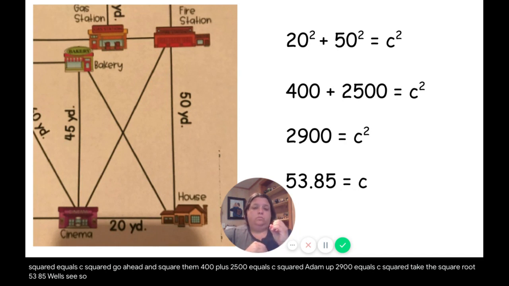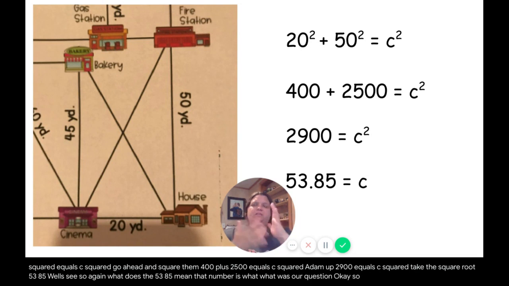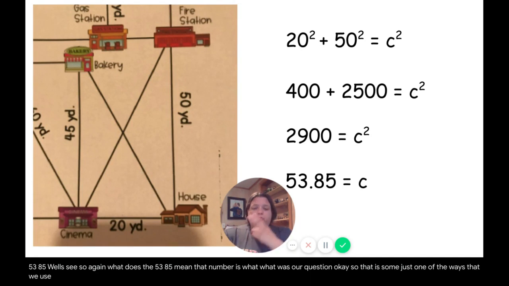So, again, what does the 53.85 mean? That number is what? What was our question? Okay, so that is just one of the ways that we use the Pythagorean theorem to solve real world problems.